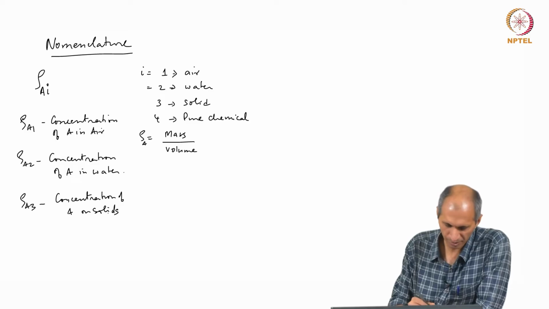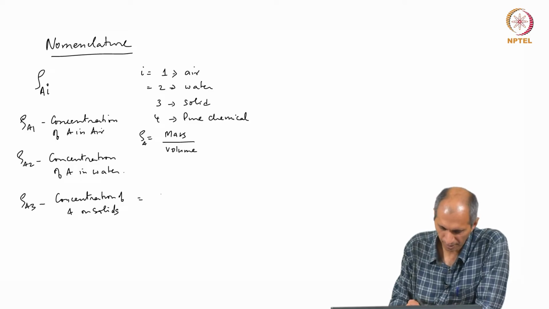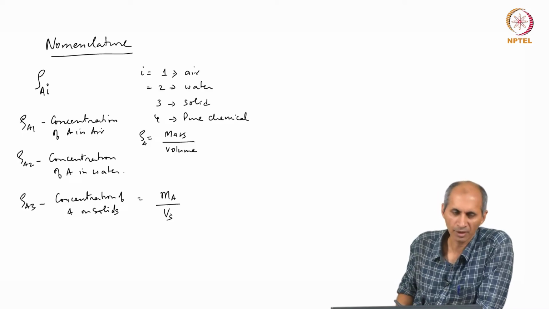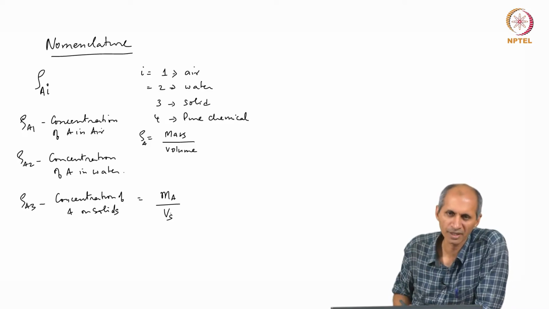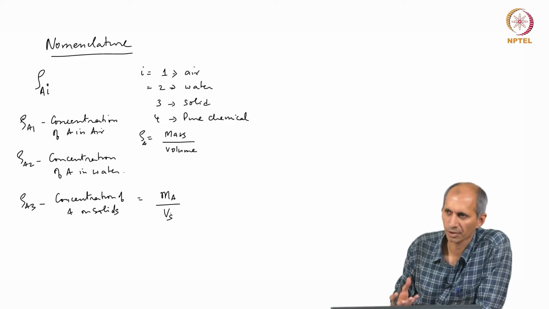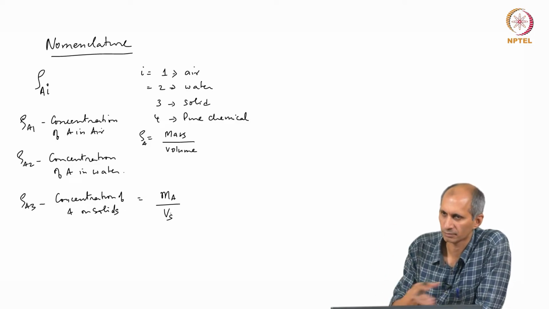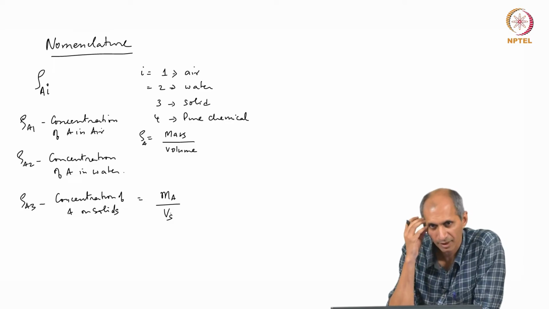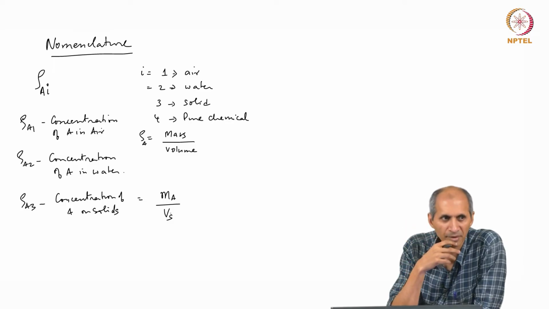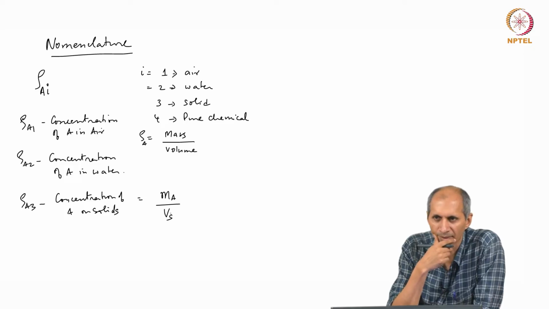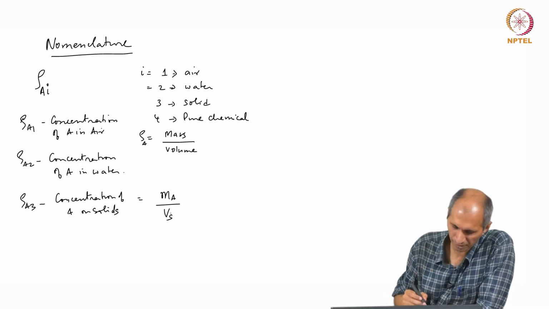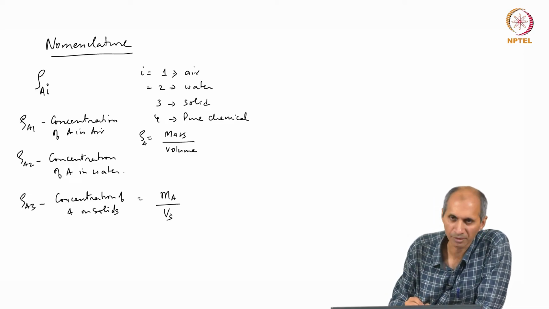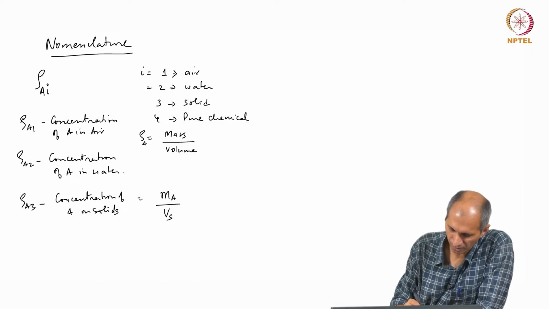But the problem is that this means we are looking at mass of A divided by volume of solid. A lot of times volume of solid is not very easy to obtain. If you take soil for instance, it is porous media, heterogeneous, different sizes. For me to get actual volume is very painful because of the properties of soil, and it is laborious to do. So instead we do not do this.